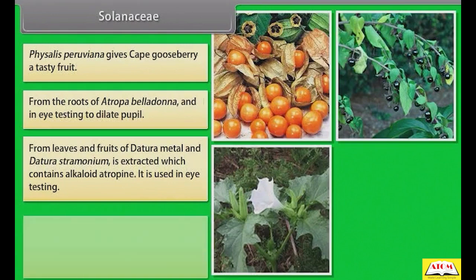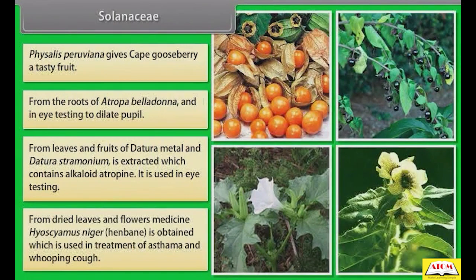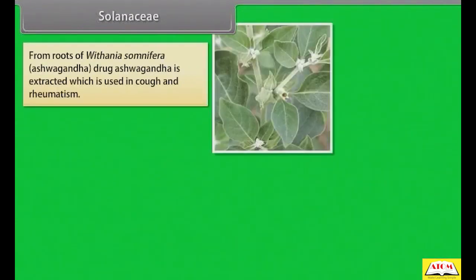From dried leaves and flowers of Hyoscyamus niger, henbane, medicine is obtained, which is used in treatment of asthma and whooping cough. From roots of Withania somnifera, ashwagandha, the drug is extracted, which is used in cough and rheumatism.